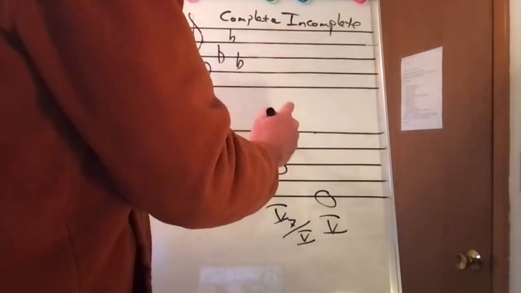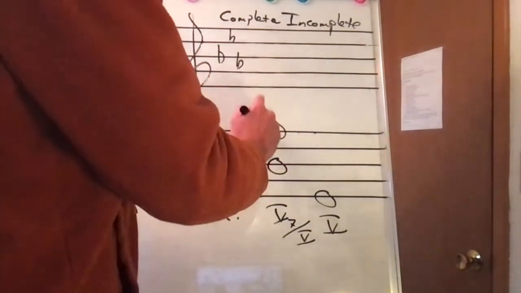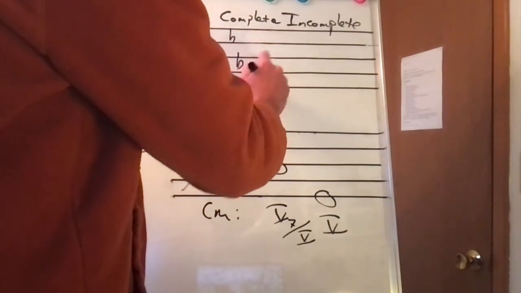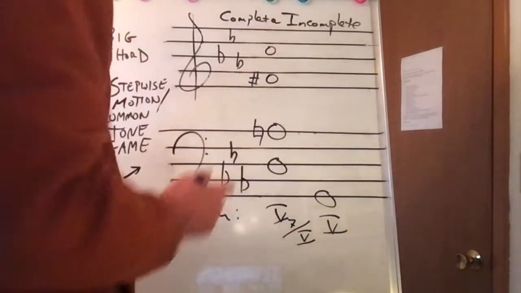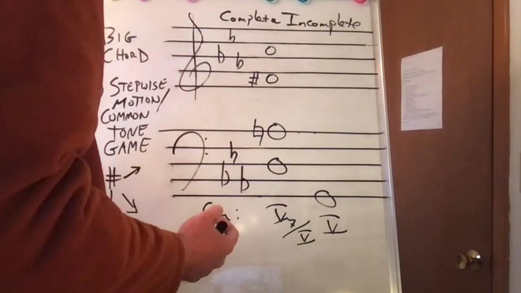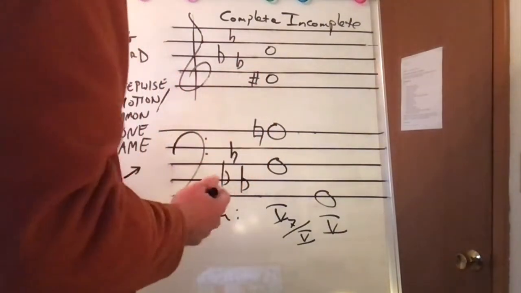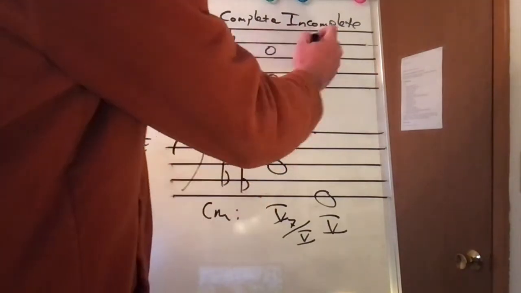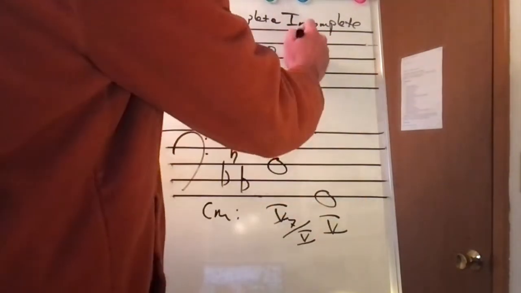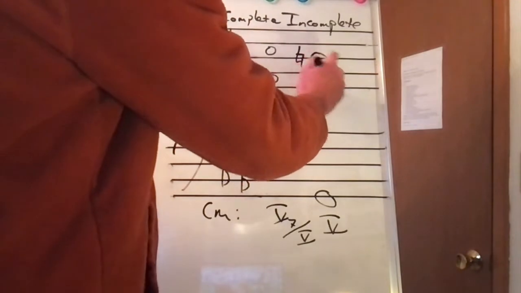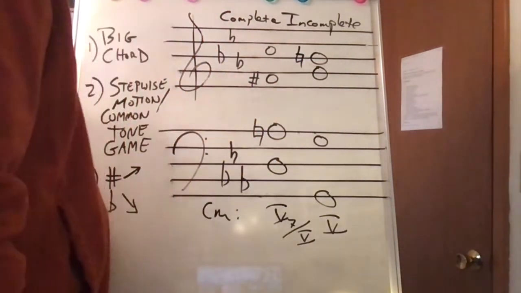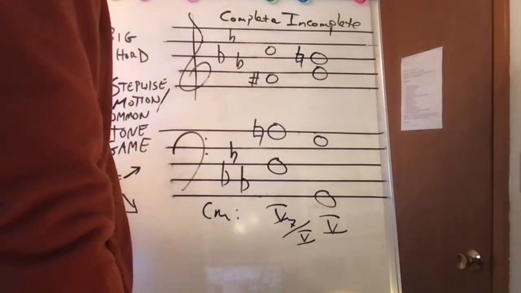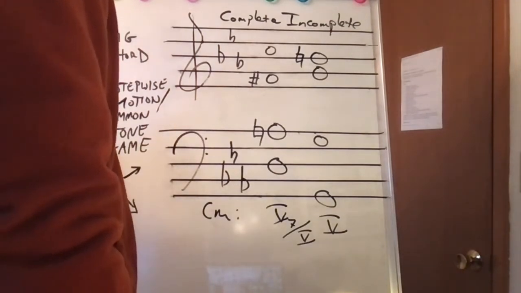But again, I have to reconcile with the key signature, so this has to be an A natural, okay? And then I will have the F sharp here, and then I will have the C. Okay, so again, this is why this is called chromatic harmony, because you're using notes outside of the scale of C minor, okay? And then this is going to go down, and because we're in minor, we have to raise this. Okay, this can go up, and this can go down. Okay, and again, feel free to hit the space bar and pause the video so you can copy along.